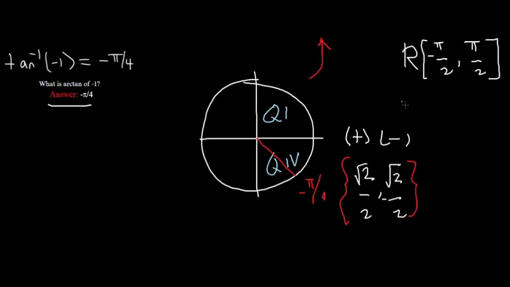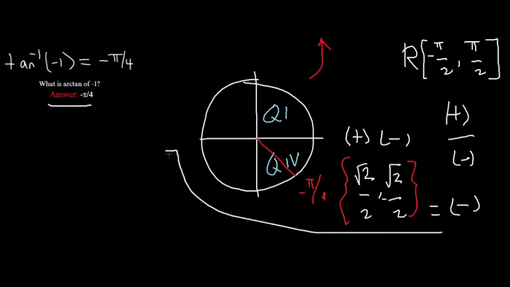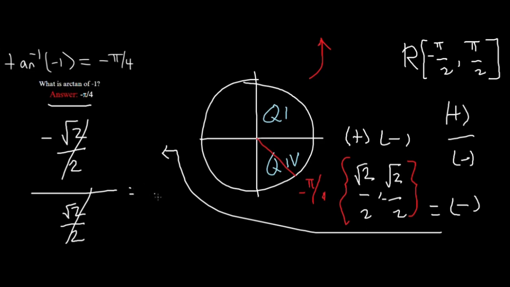As same, katulad ng sa taas, positive over negative is equal to negative. Therefore, ang arctan natin for this example, let's show the solution first. Negative square root of 2 over 2 all over square root of 2 over 2. Cancel these two. Natira ay negative 1. Final answer, negative 1. Therefore, arctan negative 1 is equal to negative pi over 4.